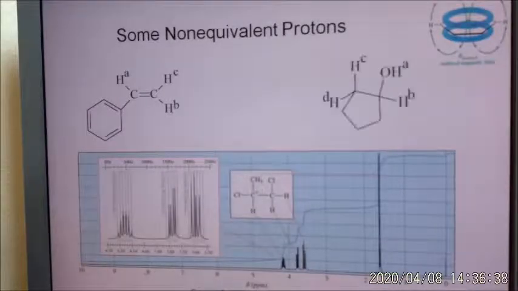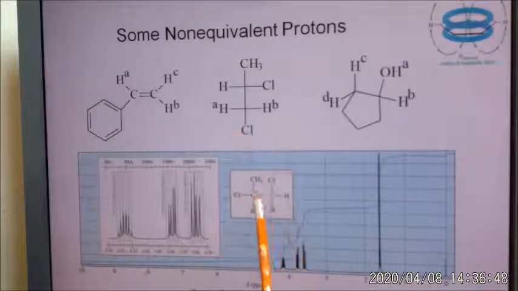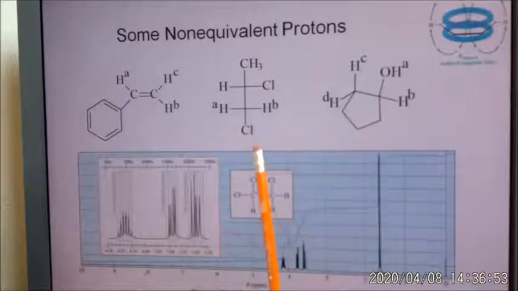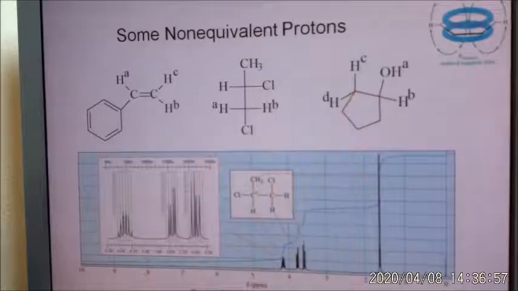So non-equivalent protons. We see non-equivalent protons when we're looking at an alkene. We see non-equivalent protons when we're looking at something that's achiral. These guys are non-equivalent protons because this is prochiral.